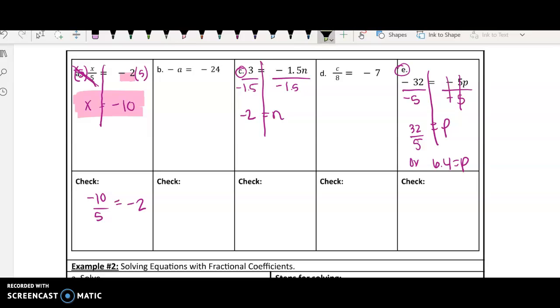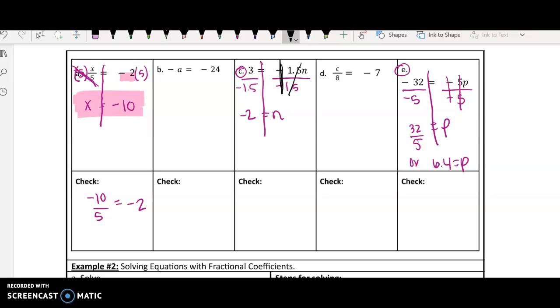On C, we are multiplying by -1.5. So it means we're going to divide by -1.5 on both sides. That cancels out my negatives, and it cancels out my 1.5, leaving me with just n. And then 3 divided by -1.5 is -2.